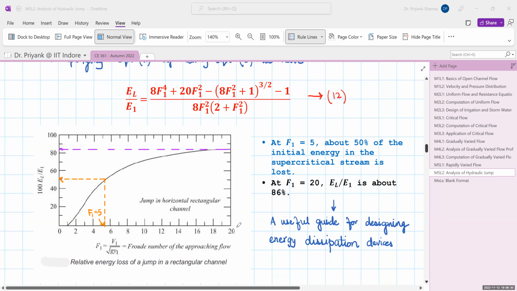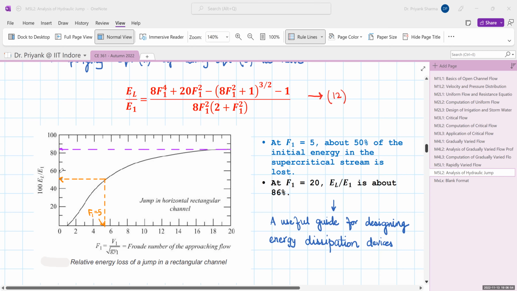Okay, so it is very difficult to achieve such a high Froude number, but we are assuming that high Froude number. Now let us take Froude number equal to 5. So at this Froude number, your EL by E1 is 50%. So that means half of the energy is lost at Froude number equal to 5.